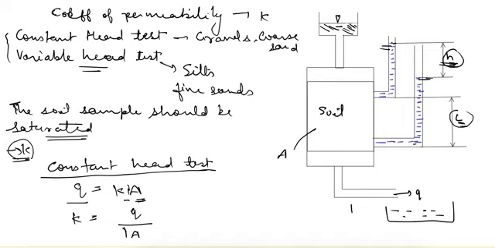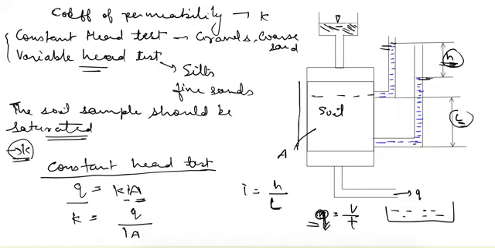If we can find out the volume and the time taken to fill that volume, from that we can find out the discharge. And I is the hydraulic gradient, so it is the difference in head divided by the length of flow. Here the length of flow will be the length between the two points where piezometers are inserted.